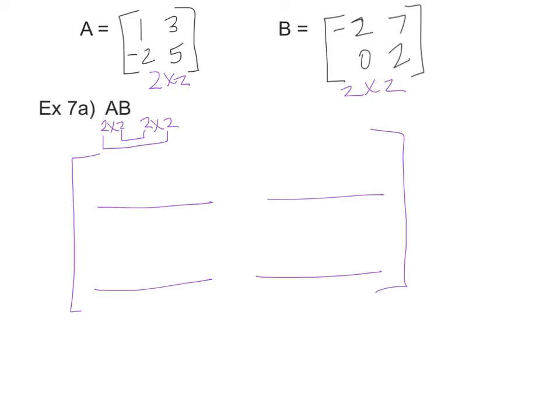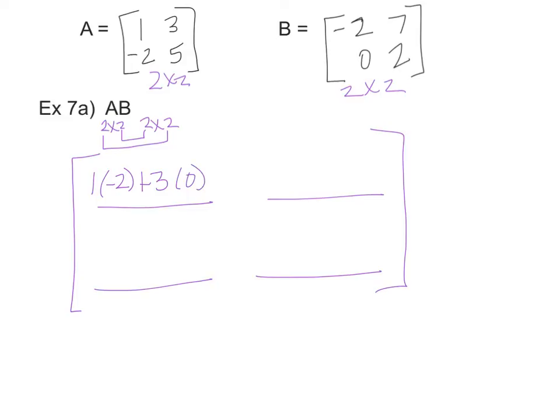All right, so with this 2 by 2 matrix, now we're going to do the exact same thing that we did before. Grab this top row, bring it over here, and distribute it to this first column. So the 1 is the first term here, goes with the negative 2. The 3, which is the first term here, goes with the 0. So for this one, I have 1 times negative 2 plus 3 times 0.